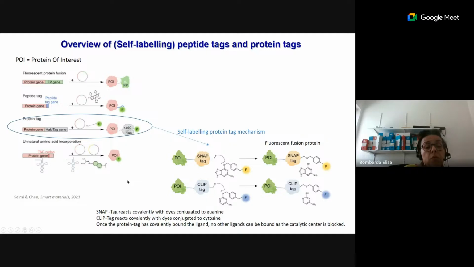Another method, which we were talking about in the previous slides, is how to incorporate an unnatural amino acid. Here there is no intermediation of an additional protein, so it is maybe more convenient in certain respects because you don't add a large new element to your system.